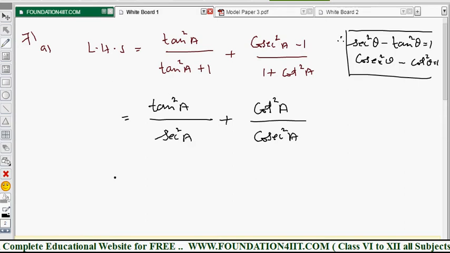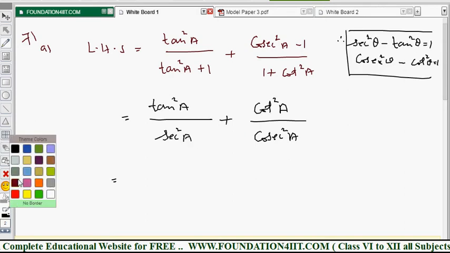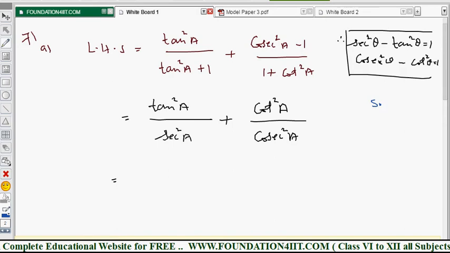Again from this, just see here, sin theta by cos theta is tan and 1 by cos is sec. So if you apply more, sin by cos is tan, and reciprocals: sec reciprocal is cos, cosec reciprocal is sin. That formula also will apply.